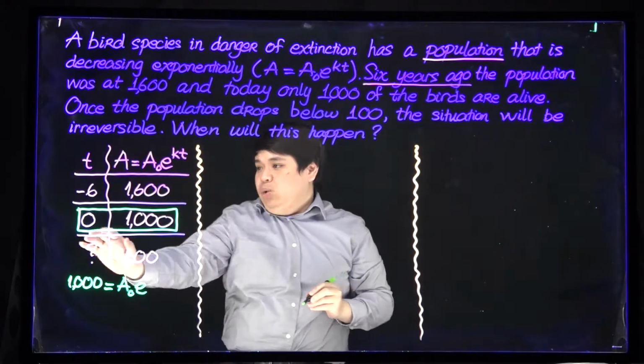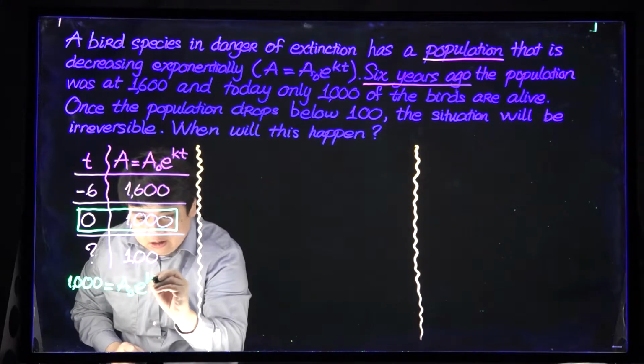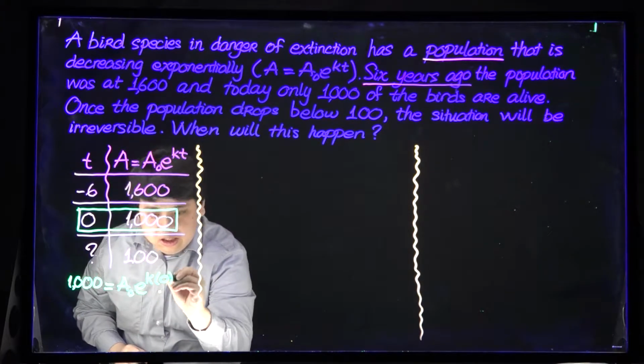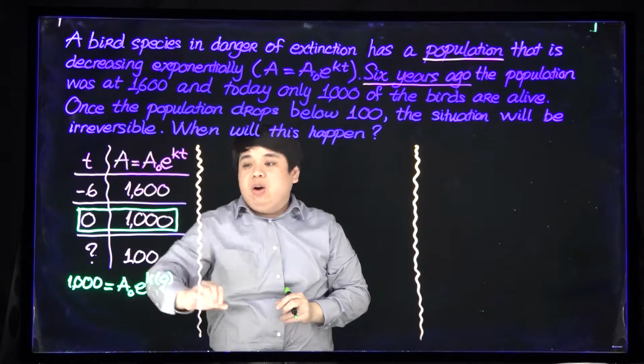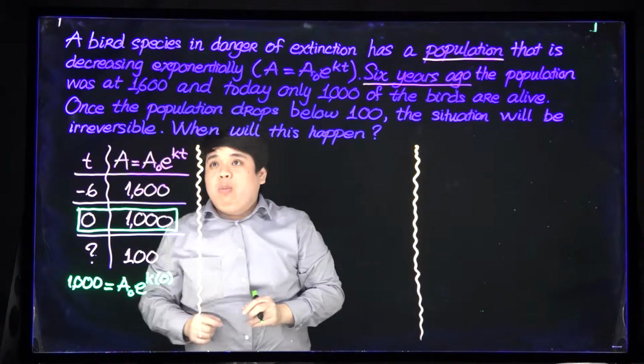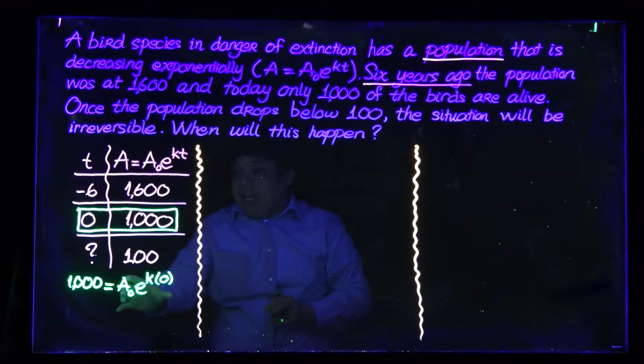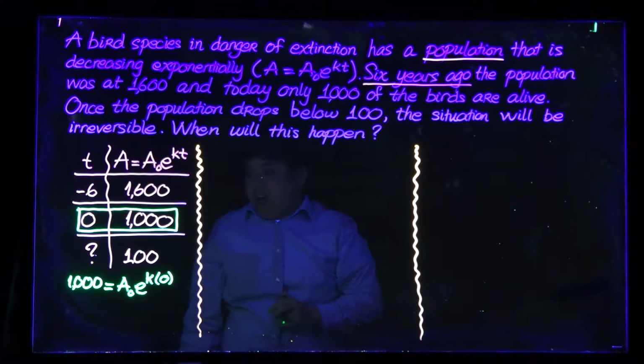We know t is equal to 0. The reason that we use this point first is because k times 0 is still 0, and e to the 0 power is 1. And from there, we can solve for A naught.